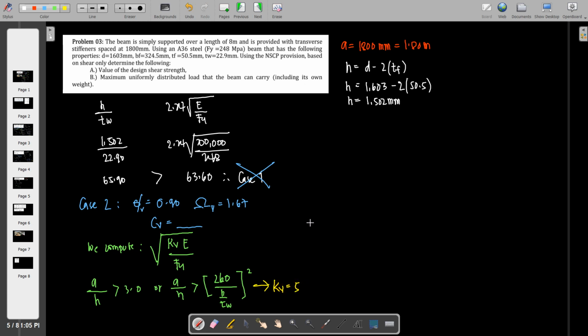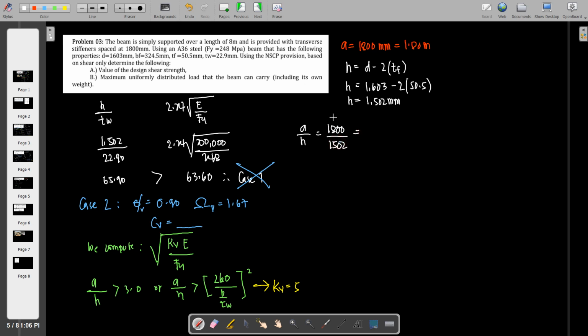So let us check. So yung A natin is 1,800. A over H, no. 1/8 all over H 1502.